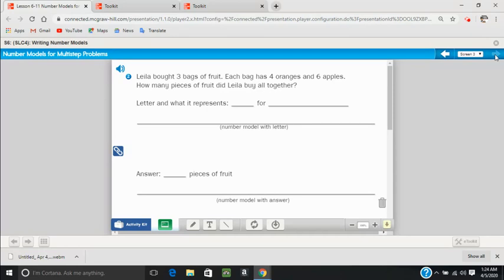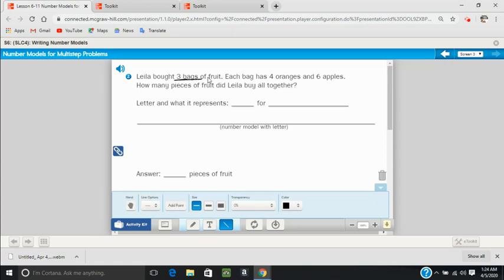And this one says, Leah bought 3 bags of fruit. Each bag has 4 oranges and 6 apples. How many pieces of fruit did Leah buy altogether? Well, we need to know that there were 3 bags of fruit. We know that each bag has 4 oranges here. And each one has 6 apples.